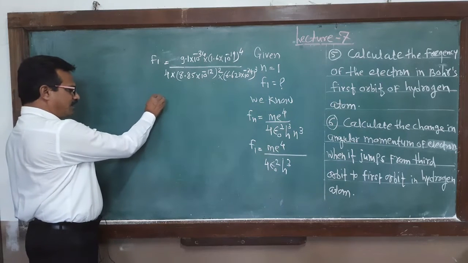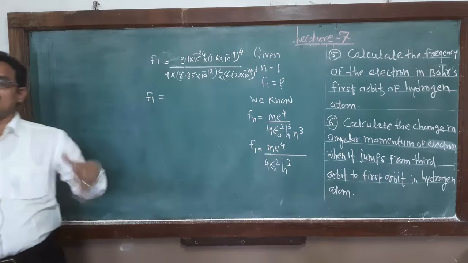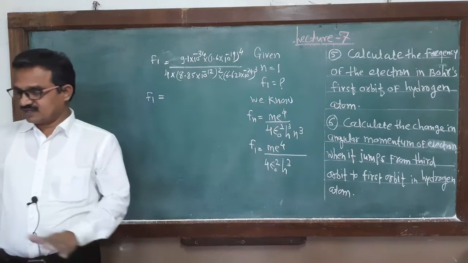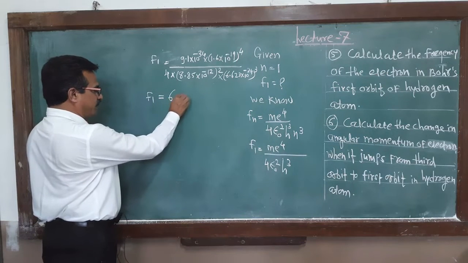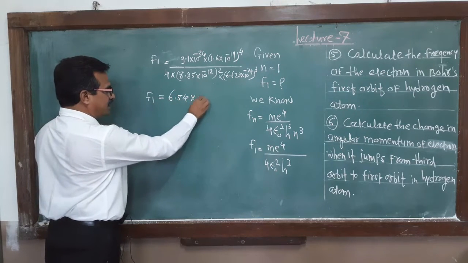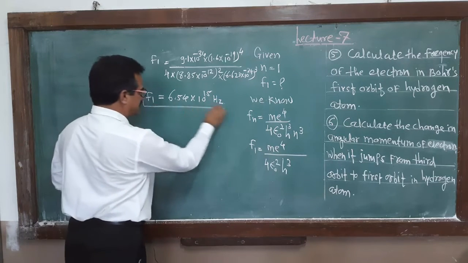After substituting all these values and calculating by using the calculator, the value comes out to be 6.54 multiplied by 10 raised to 15 hertz. And this is the final answer.